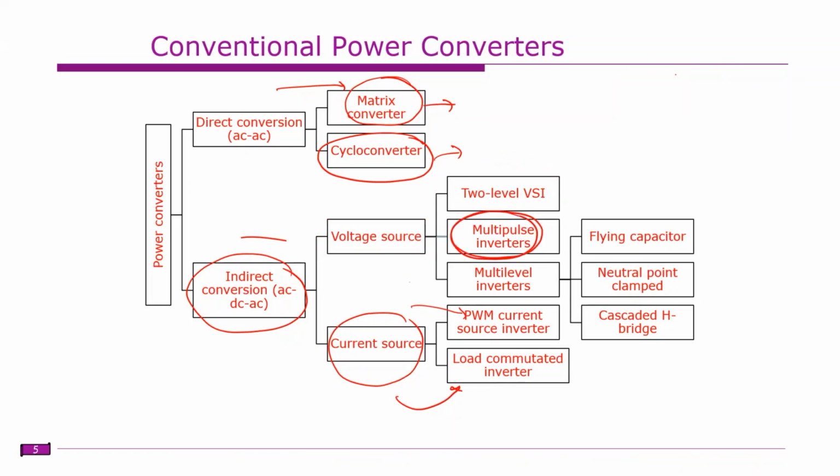Next we have multi-level inverters. In multi-level inverters, we have several topologies, starting from flying capacitor, neutral point clamped, and cascaded H-bridge. These are the fundamental or basic topologies, and with these topologies, a few other inverter topologies are derived.